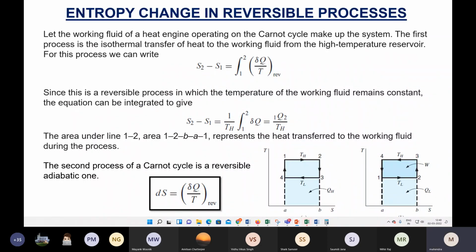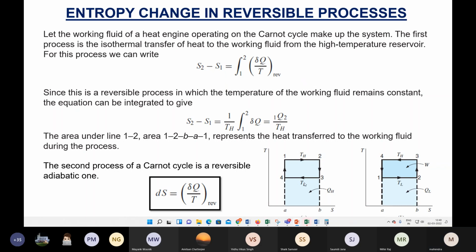Now let us see the same thing. Already you know what a Carnot cycle is. From the Carnot cycle itself, we have defined efficiency as eta equal to 1 minus QL by QH, or, since it is the Carnot cycle, in terms of temperature, 1 minus TL by TH. Let us apply the entropy concept to this. This is very easy.